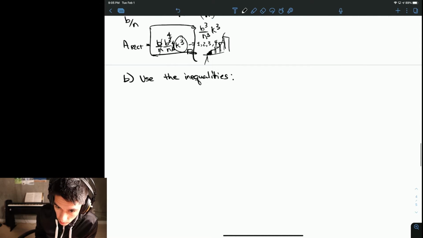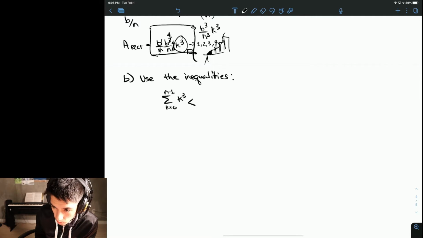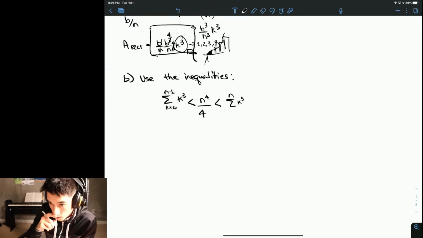I'll just write it more concisely. The sum of k cubed from k equals 0 to n minus 1 is smaller than n to the 4 over 4, which is smaller than the sum of n cubes.